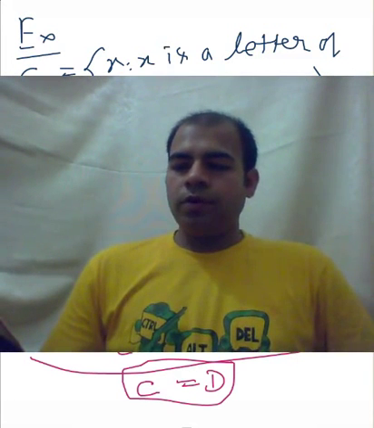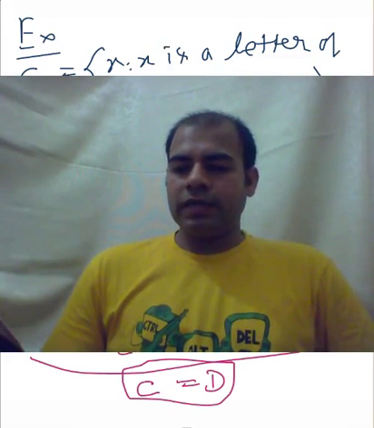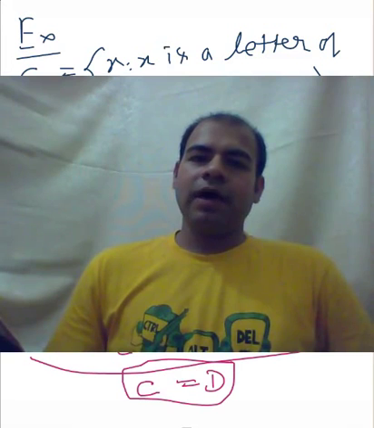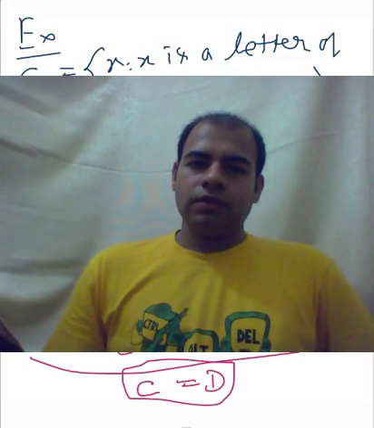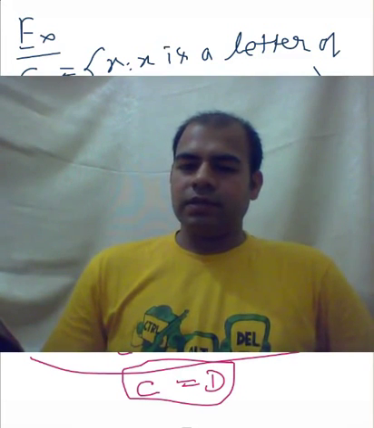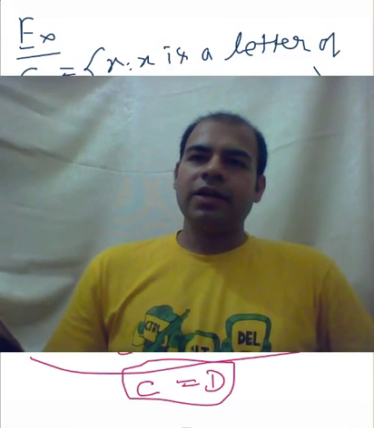Okay, so before moving further, we also want to discuss one more concept, that is the cardinal number of a set. The number of items present in a set is called the cardinal number, or the number of elements present in a set is the cardinal number of the set.